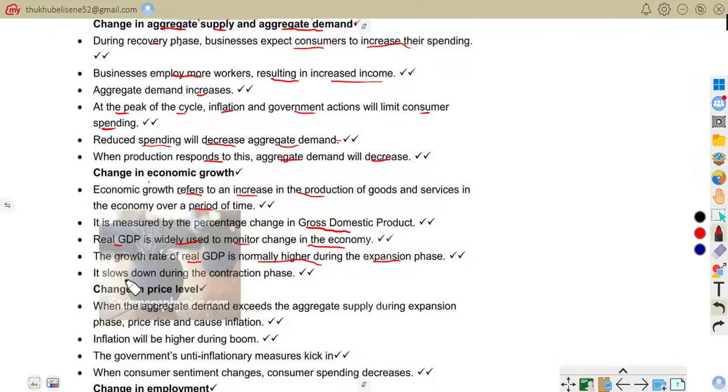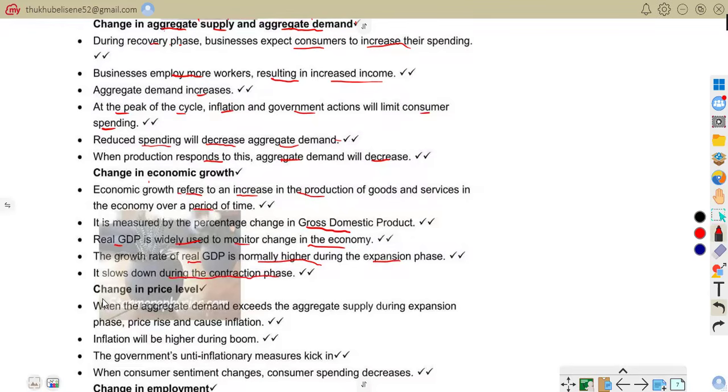It slows down during the contraction phase, meaning economic activity declines during recession. For example, the GDP falls by 2% during a downturn. That's what we are trying to say.